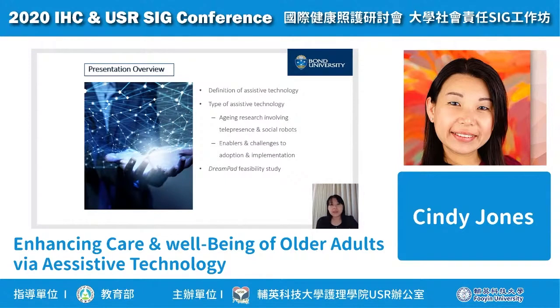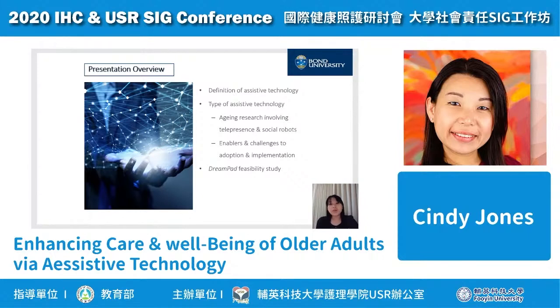So in my presentation today, I'm going to be giving you a definition of what is assistive technology, and also look at different types of assistive technology. In particular, I'm going to be presenting some of my aging research involving telepresence and social robots, which is a form of socially assistive robotics.